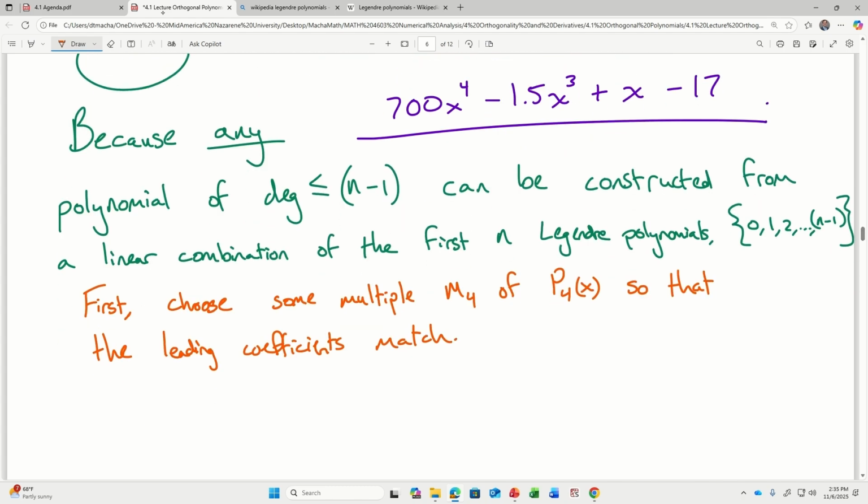And so I would have to do a multiple 700 divided by 35/8. Because that way I can get the right leading coefficient, the number 700, if I start off with m4 P4 of x.